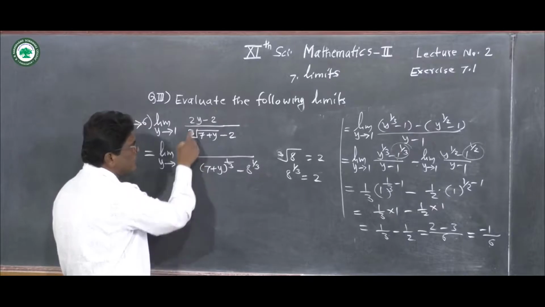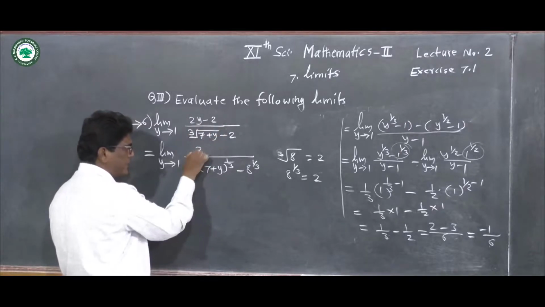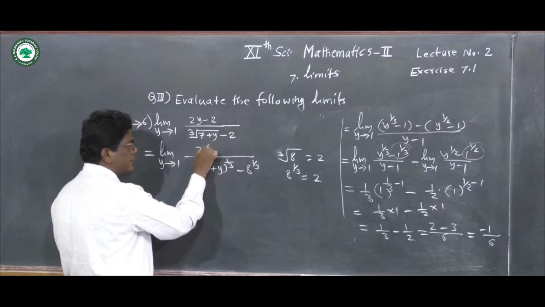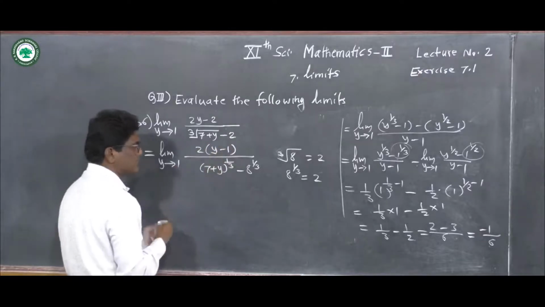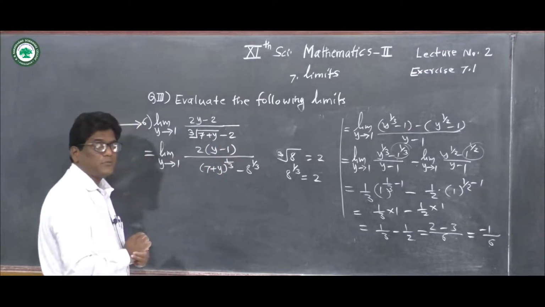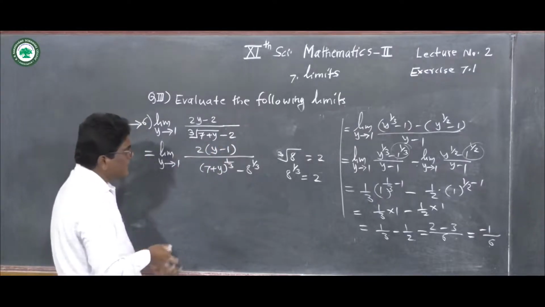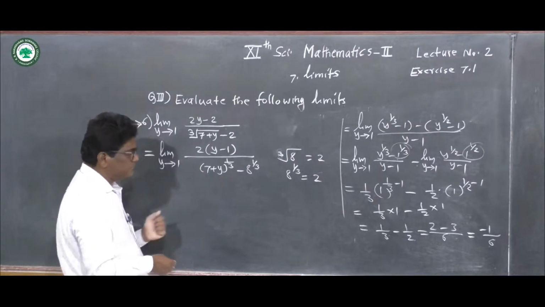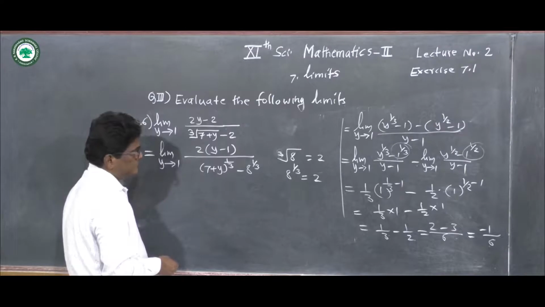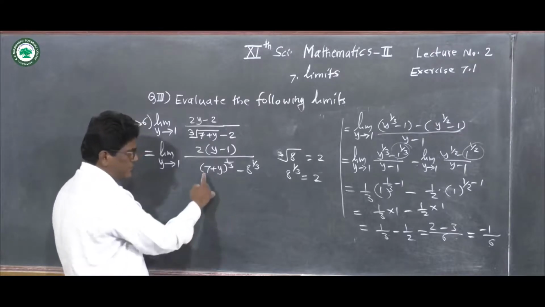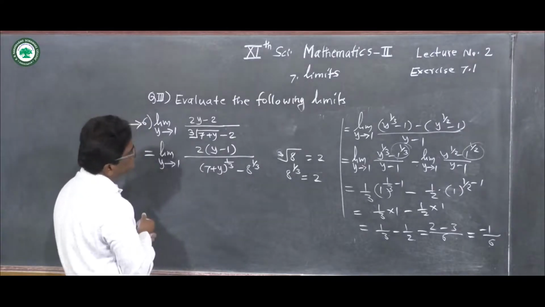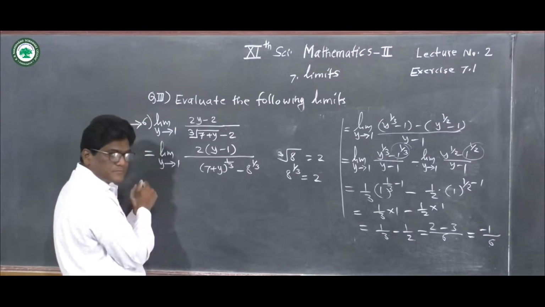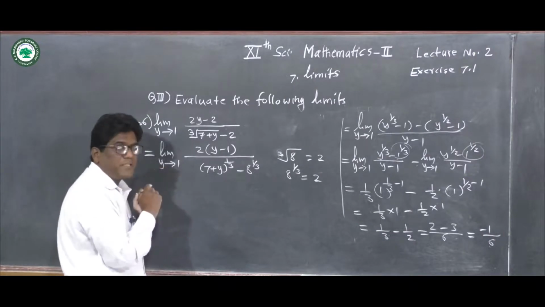And in the numerator here 2y minus 2, we take 2 common, 2 in the bracket y minus 1. Now if we want to use the standard formula, it should be divided by y minus 1, because here limit as y tends to 1.